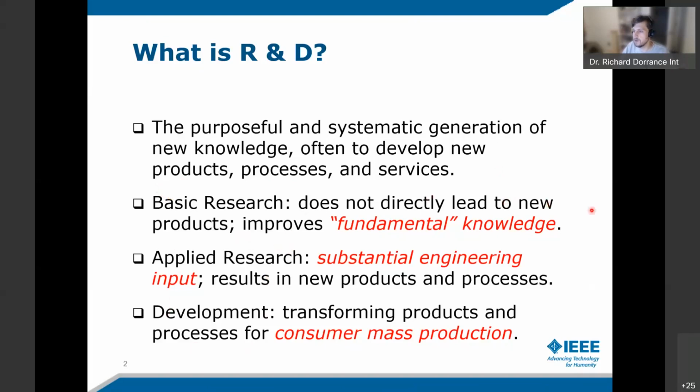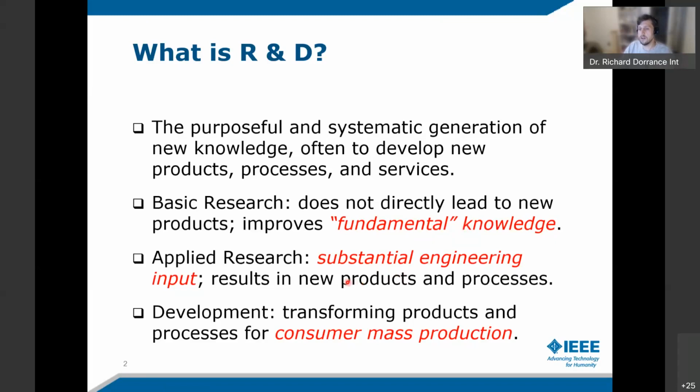Basic research, sometimes called blue sky research, is about discovering or improving fundamental knowledge. But it doesn't necessarily lead to products or anything that you might think of when you're thinking about research.